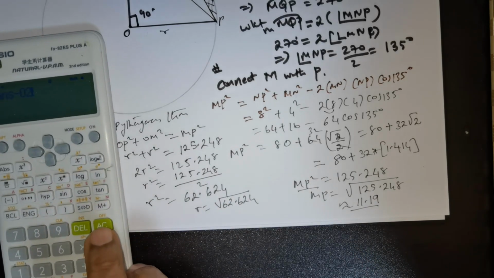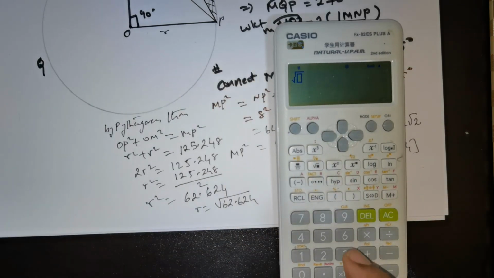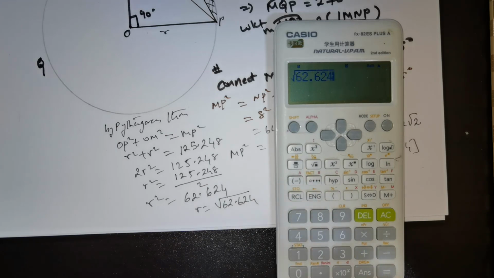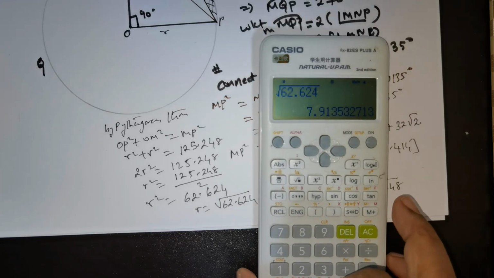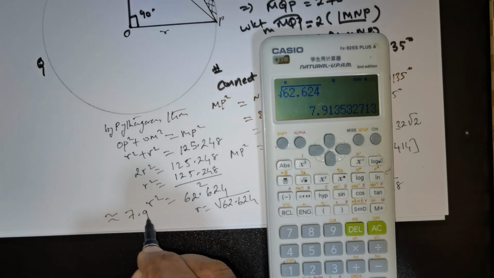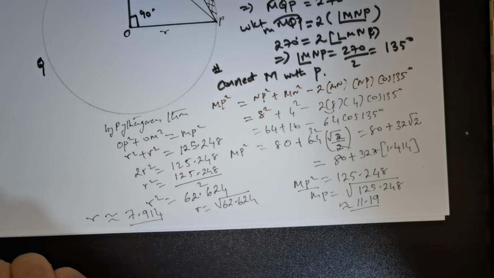So if I were to take the square root of 62.624, this is giving me approximately 7.9134. So this is the radius. Okay, so we have got the radius.